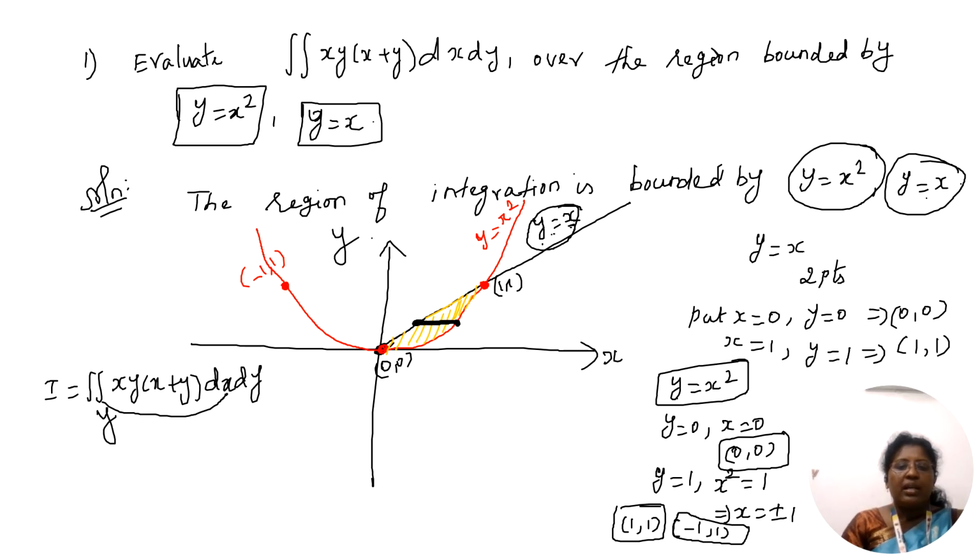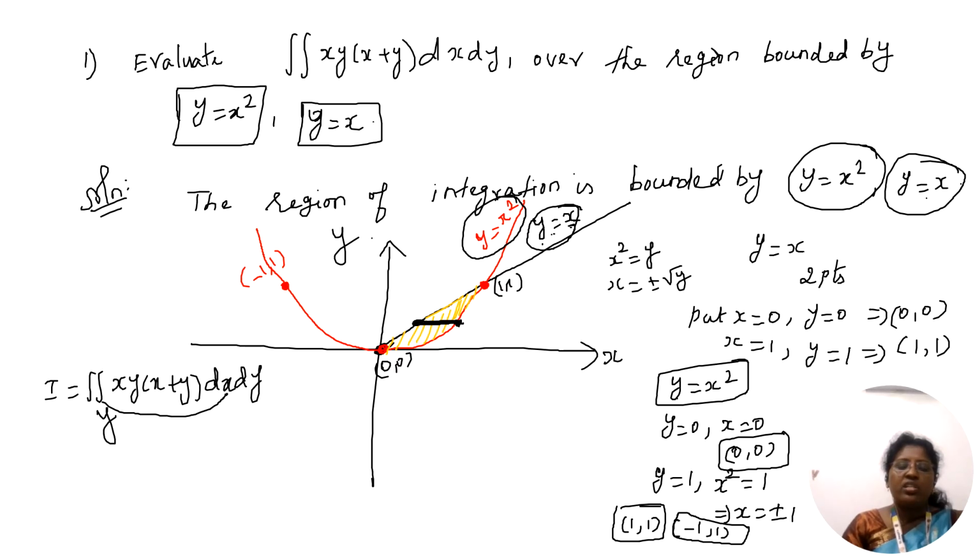Then the right end of the horizontal strip will give the upper limit. The right end touches the parabola y is equal to x square. So by using this equation, find the value of x. We know that the equation of the parabola is x square is equal to y, but we need to find only the x limit, right? So find x. x square is equal to y, so what is x? Plus or minus root y.